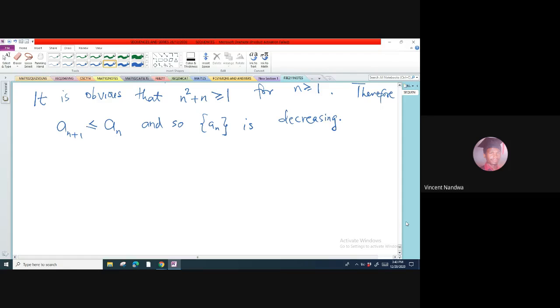And then number 3, show that f of n given by n over n squared plus 1 is decreasing.